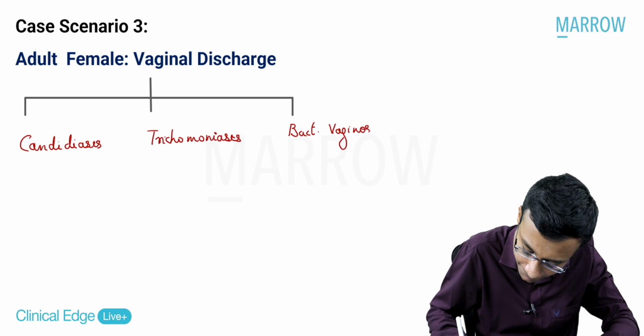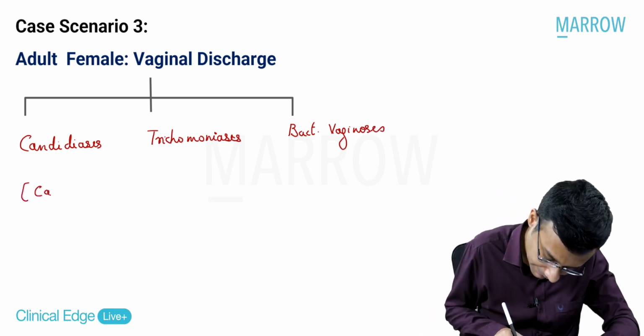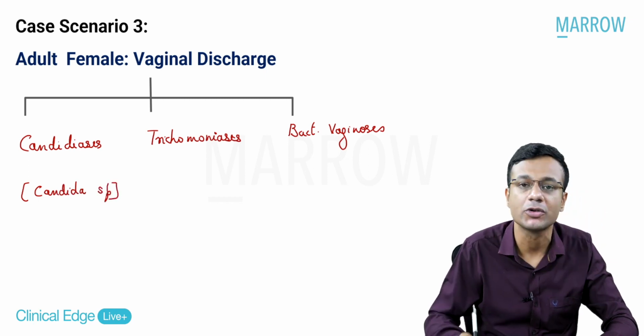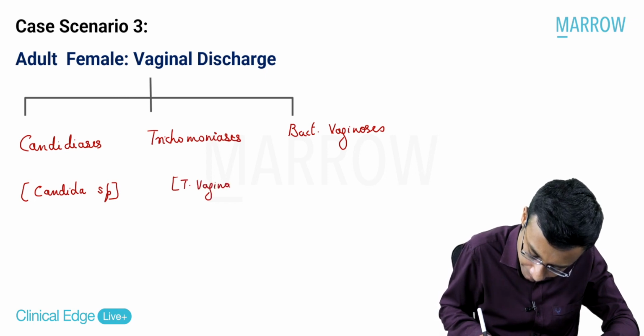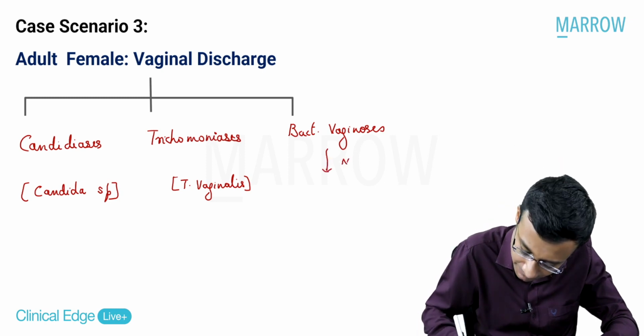So most of us know that candidiasis is produced by Candida species. Trichomoniasis is produced by Trichomonas vaginalis. And bacterial vaginosis, please remember, it is not an STD. It's not sexually transmitted disease.